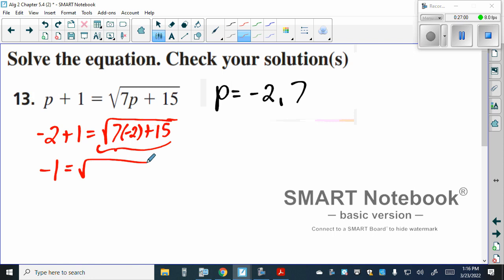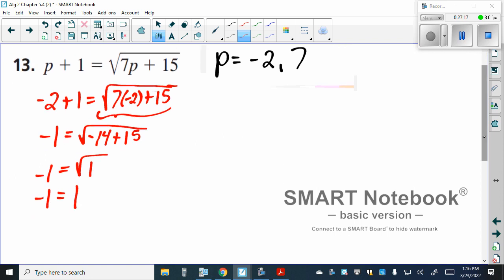If we did take it one step at a time, 7 times negative 2 is going to be negative 14. Negative 14 plus 15 is 1. And the square root of 1 would give us 1. Well, as we expected, that did not work, so negative 2 is not our solution.